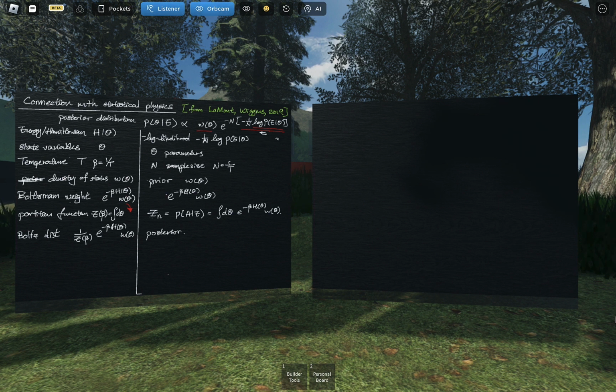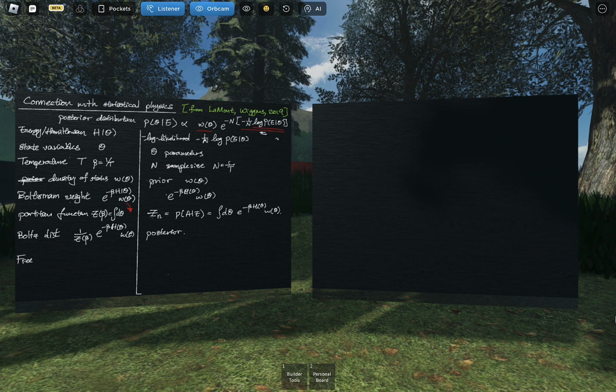Okay, so quantities that we might care about in statistical physics, for example, the average energy, the ensemble average of internal energy. Well, let me define the free energy first.